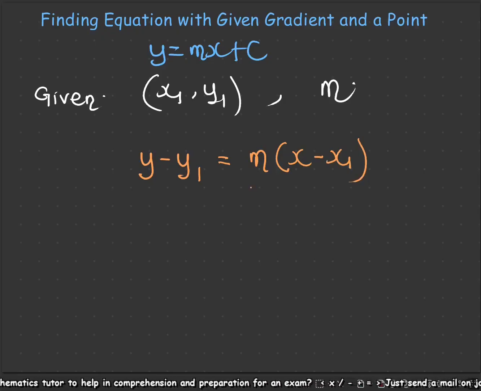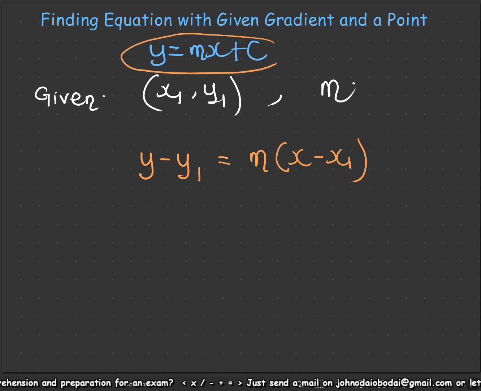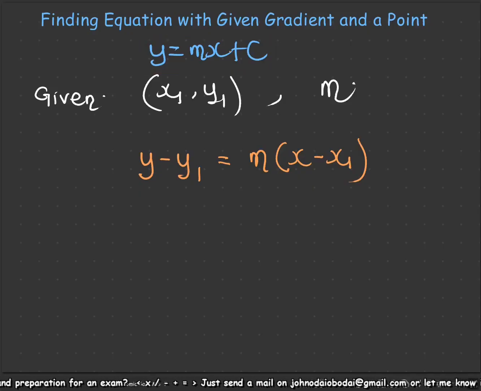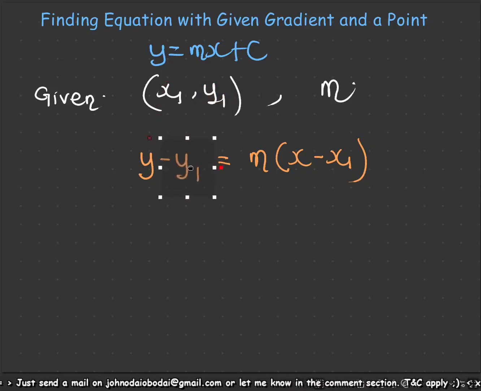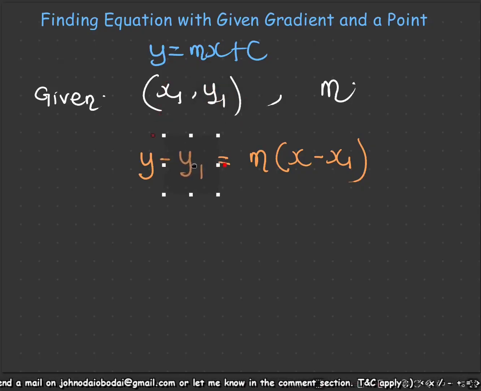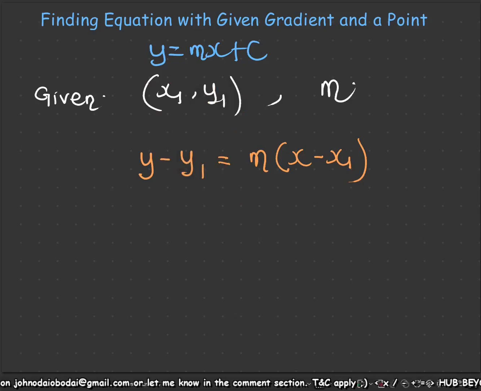All we need to do here is make our y the subject, so that it comes to be in this form over here, and you are done. So where do we get our y1 from? It is actually from the point you were given. Earlier on, I said you are given what?